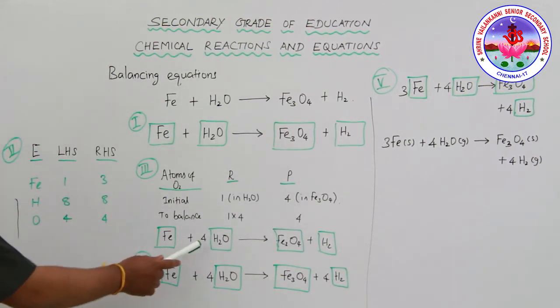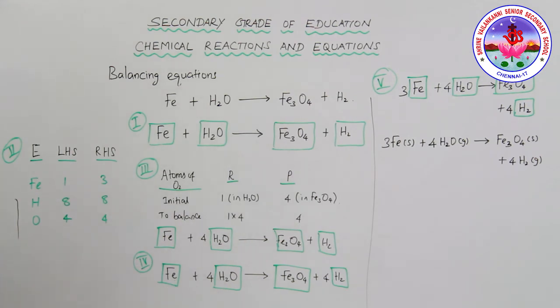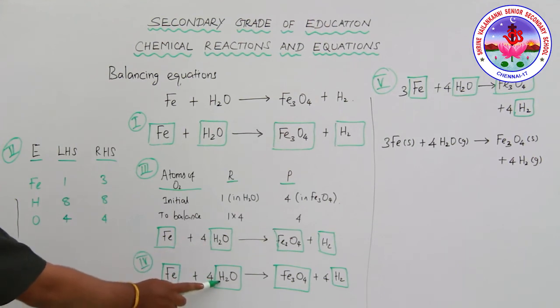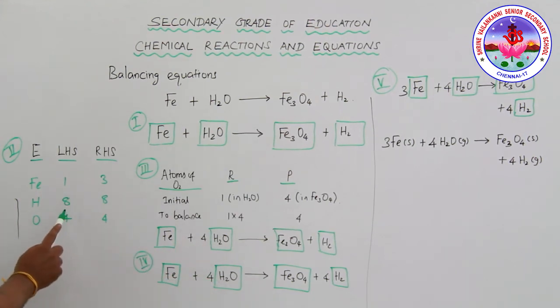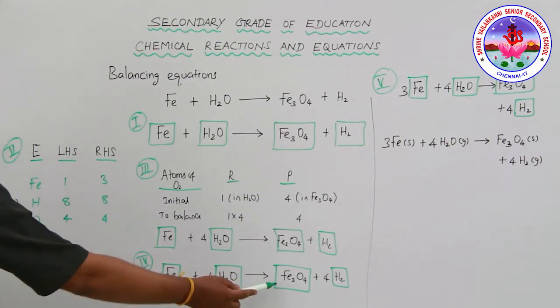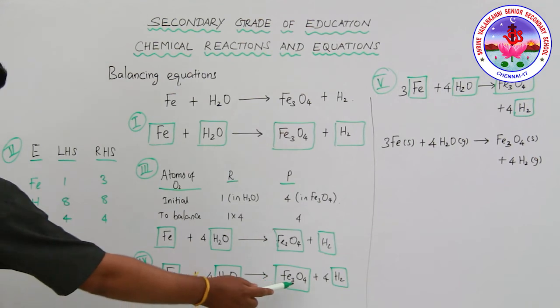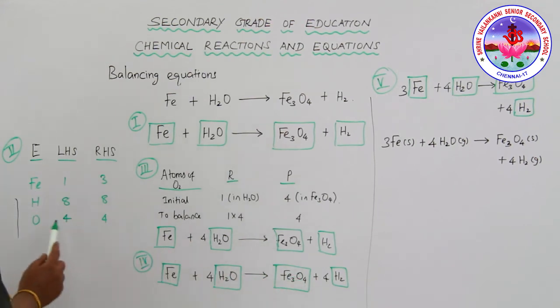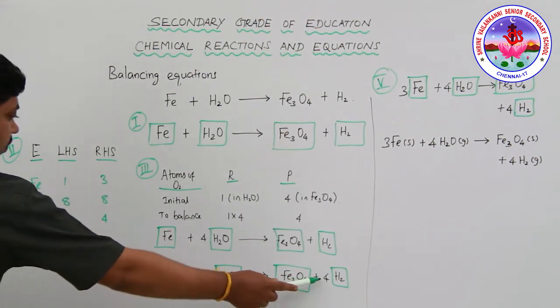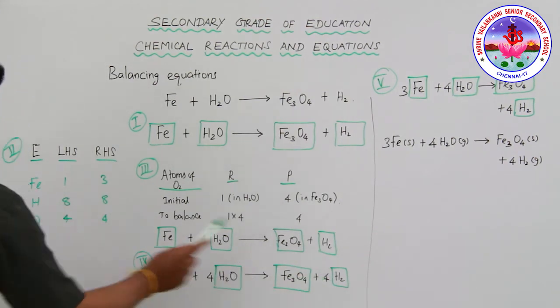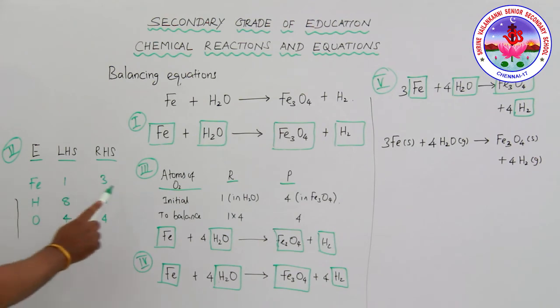Check. Fe is only 1. Then 4 into 2 hydrogen, that is 8 hydrogen in the left hand side. Coming to the right hand side, 3 iron, so the iron is not balanced. Oxygen, 4 oxygen, so oxygen is balanced. Now hydrogen is also balanced, 4 into 2, 8 hydrogen. So oxygen and hydrogen are balanced.